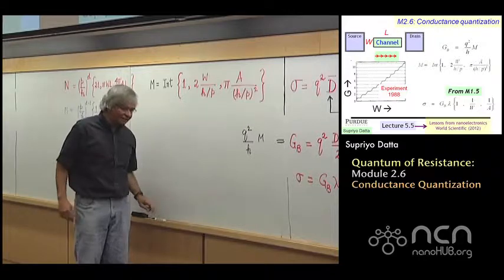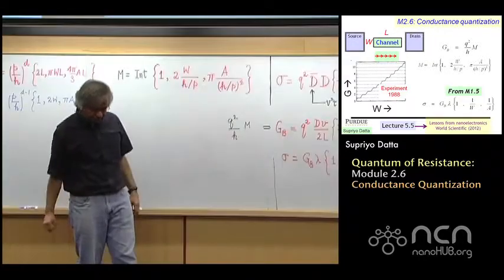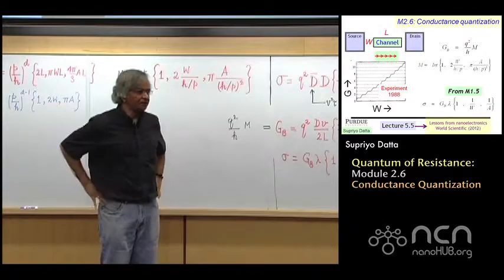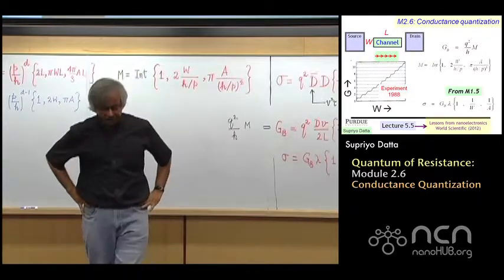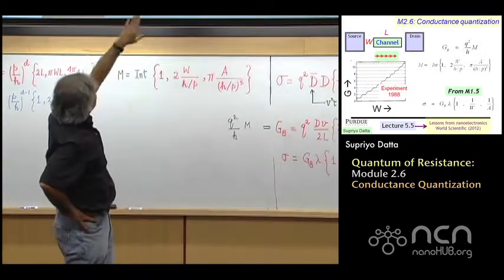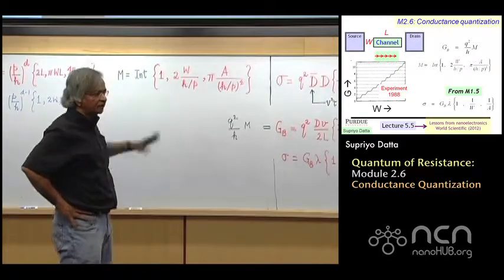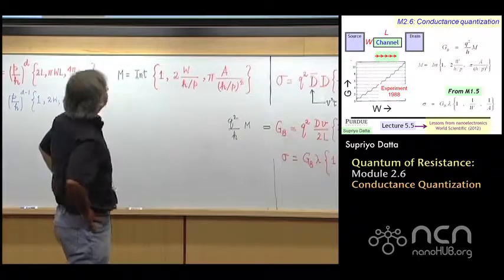And this is the seminal experiment that was reported a little over 20 years ago, back in 1988, which I have shown in that slide on the left. Actually, there were 2 separate groups that reported it around the same time, back in 88.